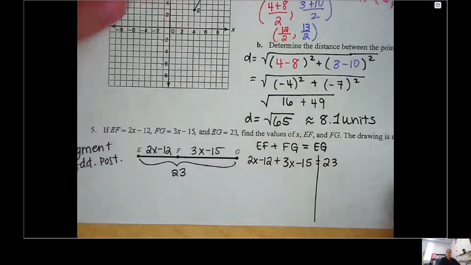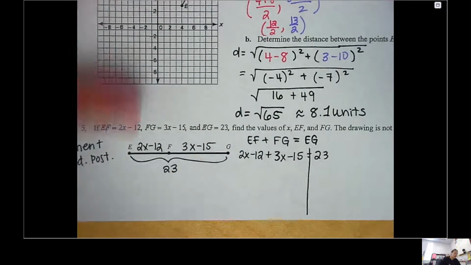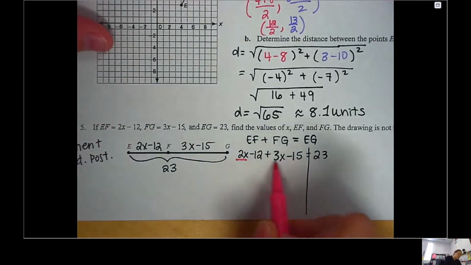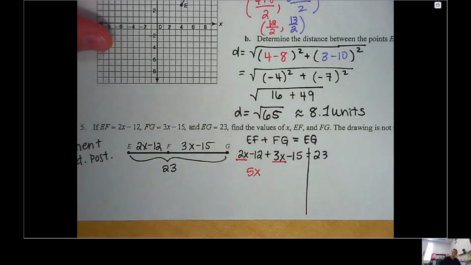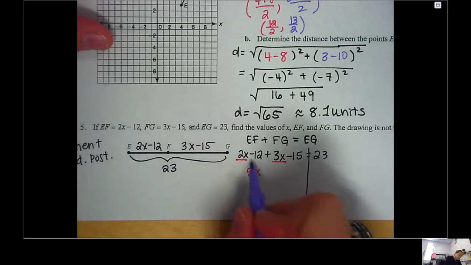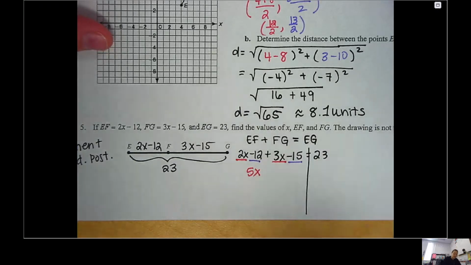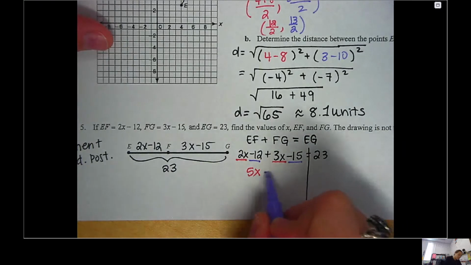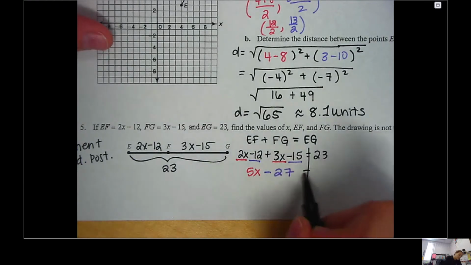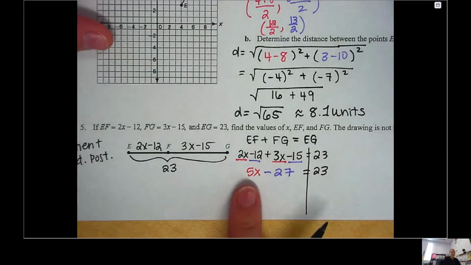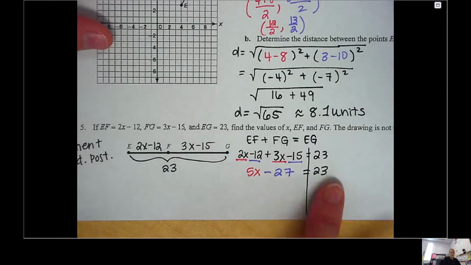Okay, algebra problem. I'm going to start by combining like terms on the left. I can put 2x and 3x together, which is 5x. I can also put together the -12 and the -15. Be careful, that is a -27. And then I keep it equal to 23. So I've got all of my x's on the left. I'm going to get all my constants to the right.